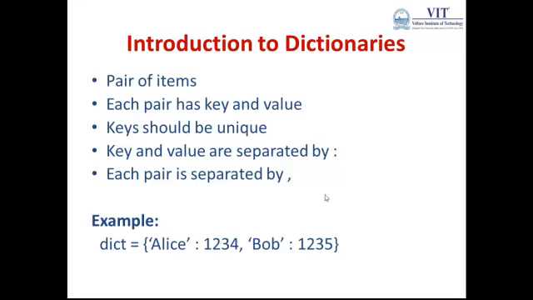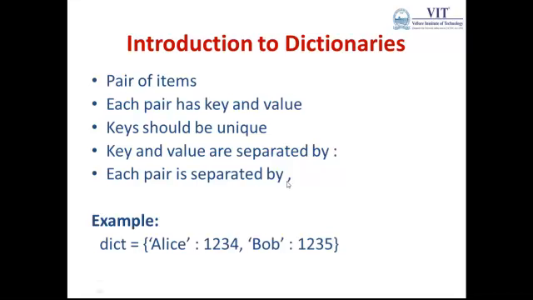Each pair of items will always come with a key and a value. All the keys would be unique, and the key and the value should be separated by a colon symbol. Each pair of items should be separated by a comma. If you are adding more items, they should be separated by a comma.